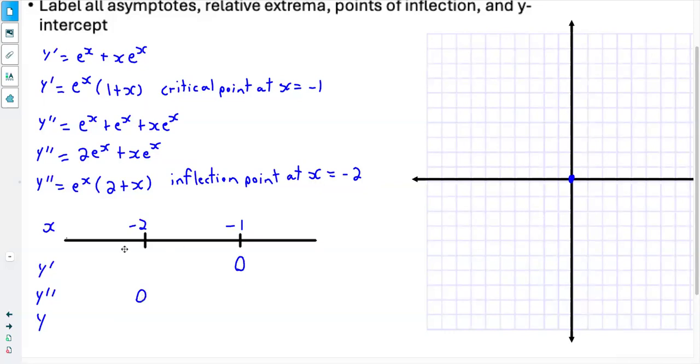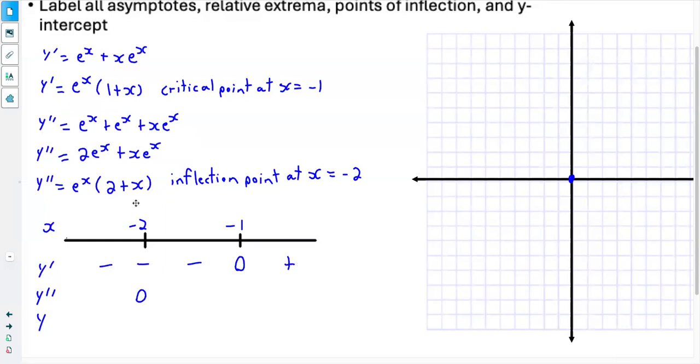So for each of these, I will see what happens in terms of signs when I put stuff on either side. So for example, if I put -2 into this factored form of y prime, that's still going to be a positive because e to any power is going to be positive. So I'd have a positive times a negative. So that means everything on this side, y prime would be negative. If we look at something positive, let's say 0, e to 0 is 1 times 1, so that would be positive.